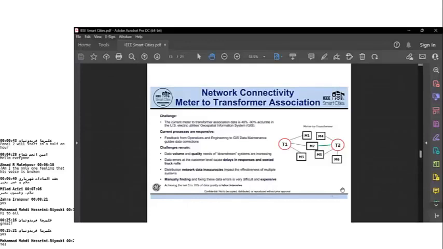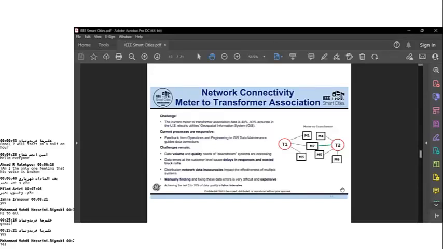Because there is a lot of manual insertion of data and errors in the databases, M2 is shown as connected to T1, where in reality it's connected to T2. If you look at different utilities, you see something between 40% to 90% inaccuracy in their GIS databases.